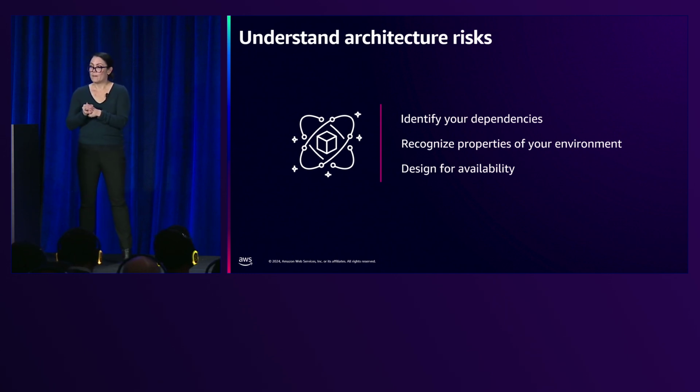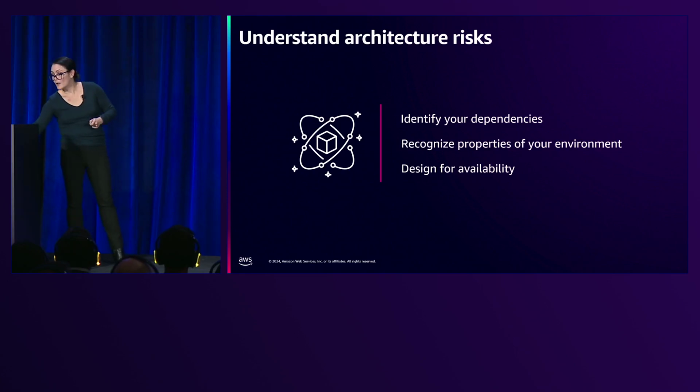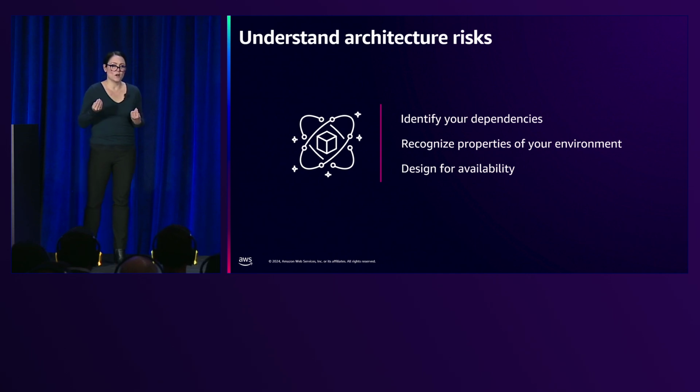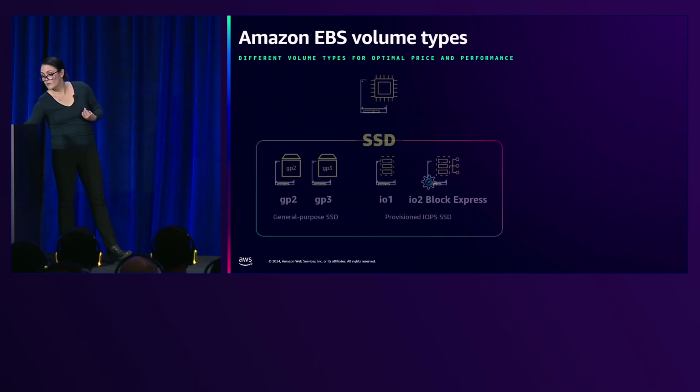So when you're designing for availability, the first thing you need to ask yourself is, what is the impact to my customers or my core business if this application experiences a disruption or an outage? If the answer is that my core business is going to be critically impacted, then odds are you've got a tier 1 mission critical system, and you need to take that into consideration as you're architecting for availability and resilience.